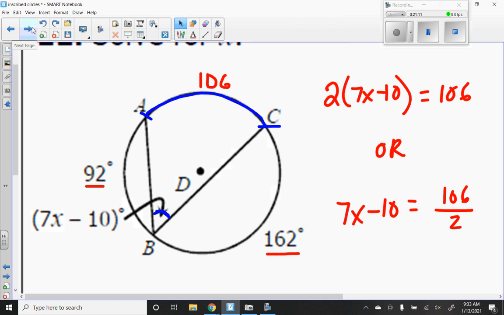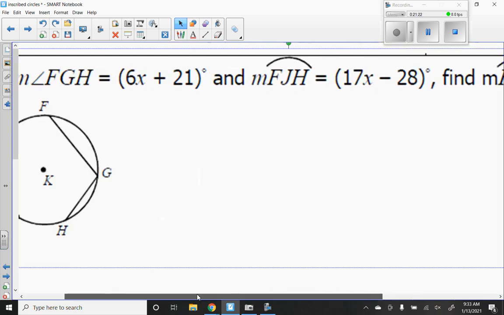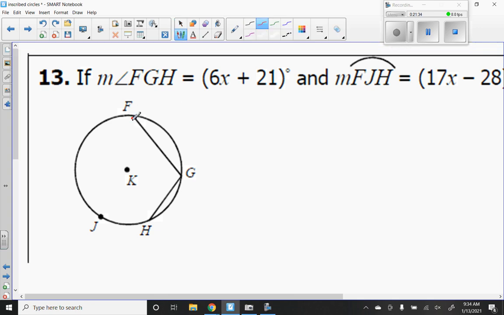I think one last one with more of a kind of a word problem. It's the same thing, but I just want to make sure you guys know how to label this correctly. If FGH is 6x plus 21, where am I going to put that 6x plus 21? Looks like FGH is right here. It's that angle.